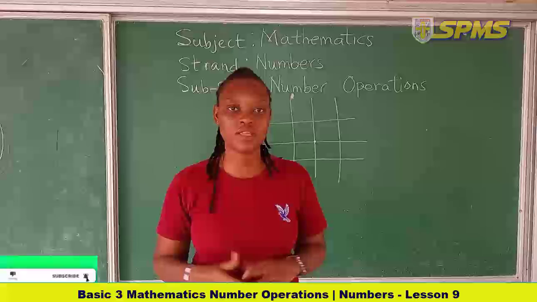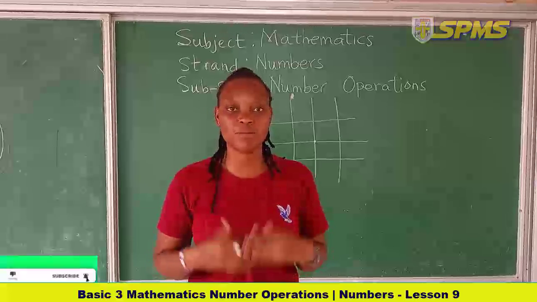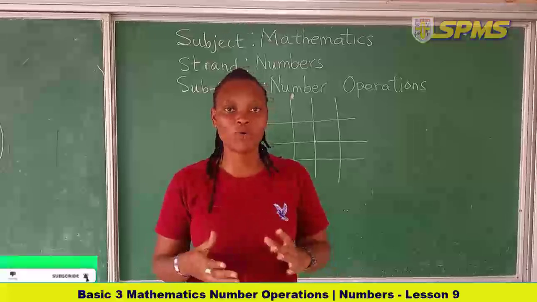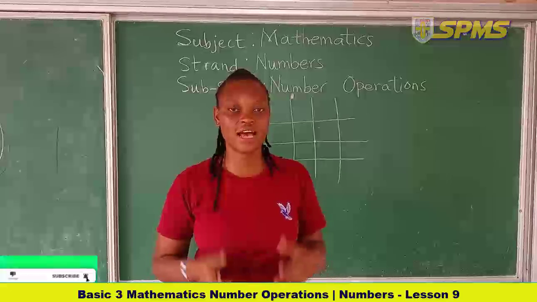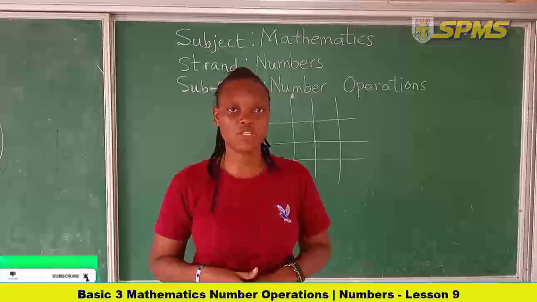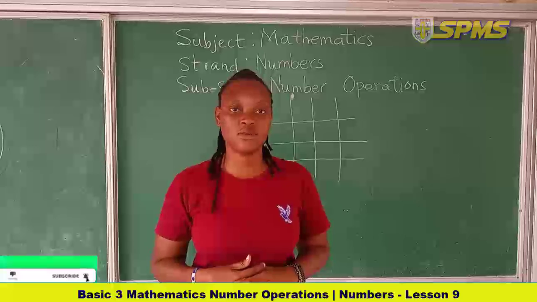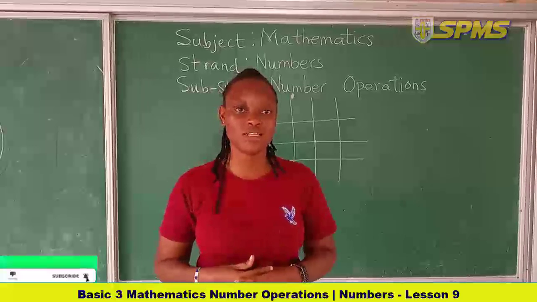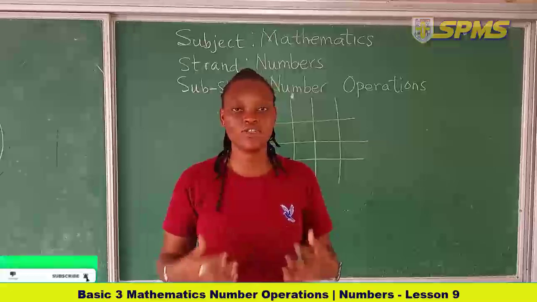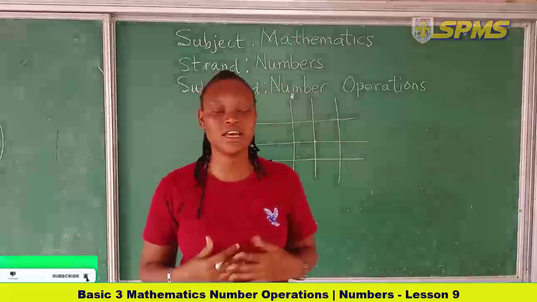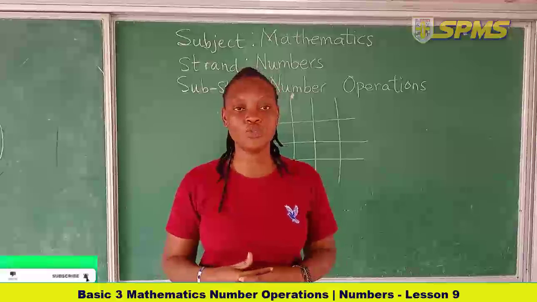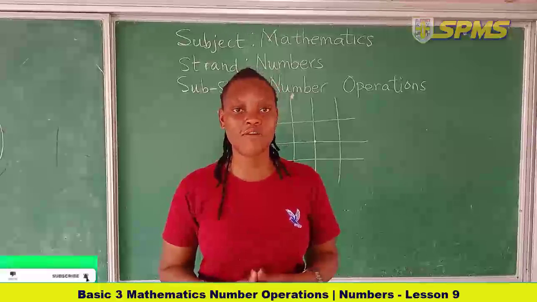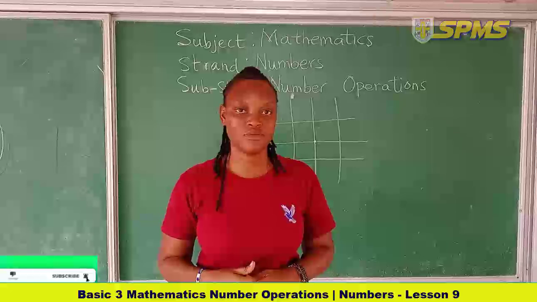Good. So today we are going to look at multiplication and number operations. In our previous lesson, we looked at different strategies used in addition and subtraction, and then we looked at the property of commutativity.